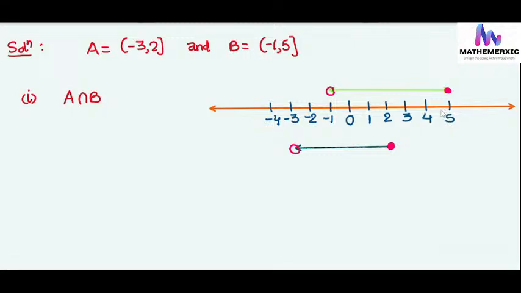So A intersection B should be -1 to 2. -1 is open already, and this is closed, and this is the answer. So what will happen? Let us see.